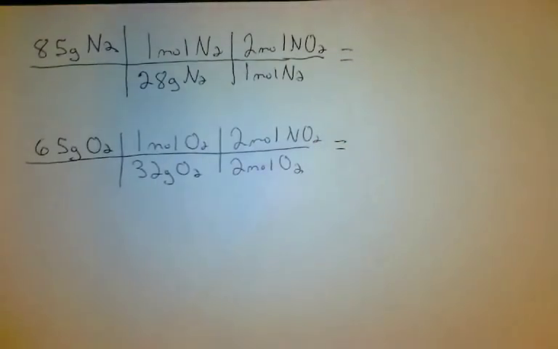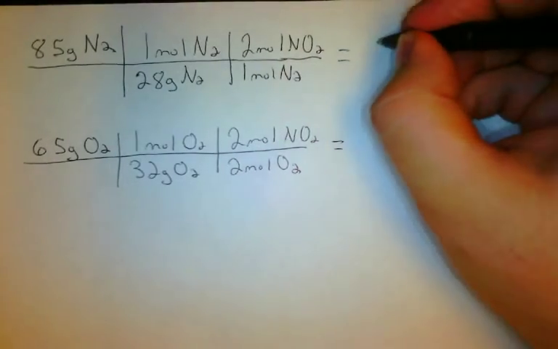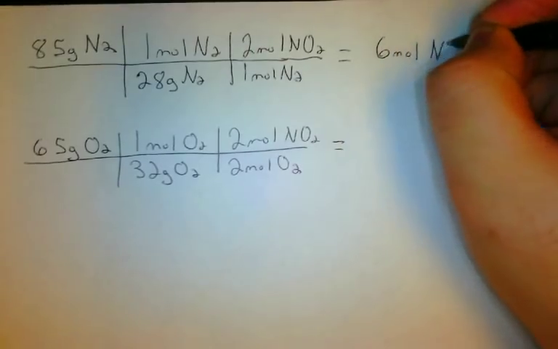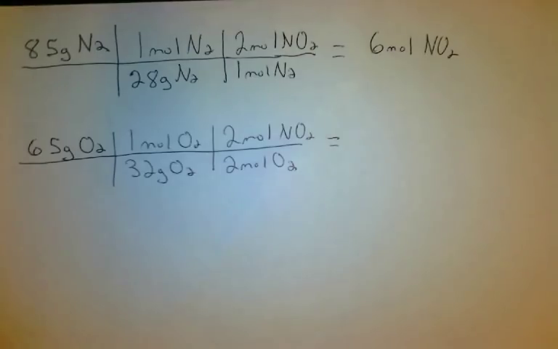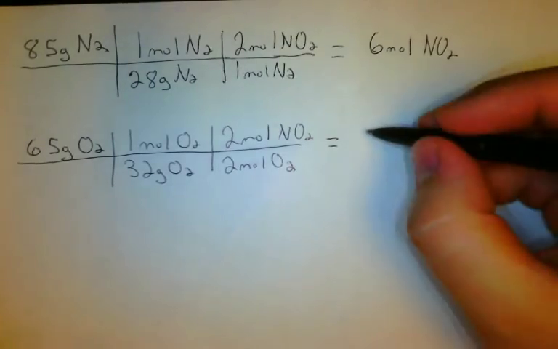And if I just do these two problems, so 85 times 2 divided by 28, that means 6 moles of this would form if all 85 is used. If all 65 is used, 65 times 2 divided by 32 divided by 2, only 2 moles will form.